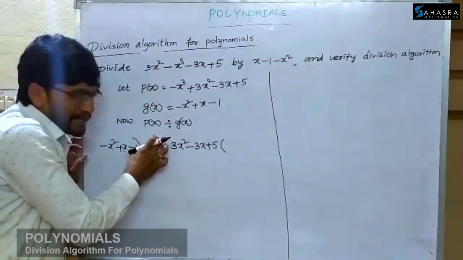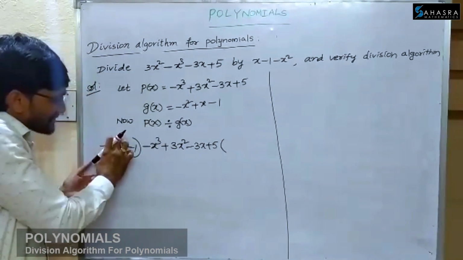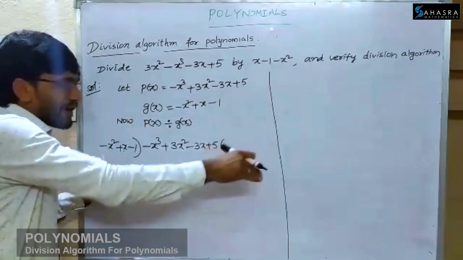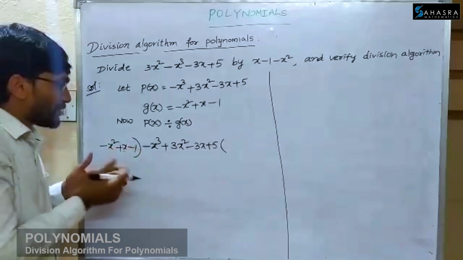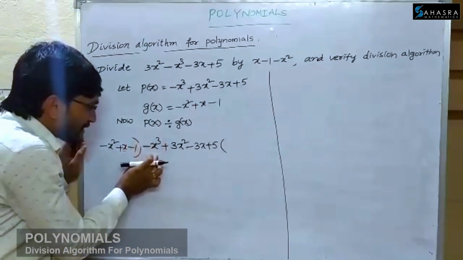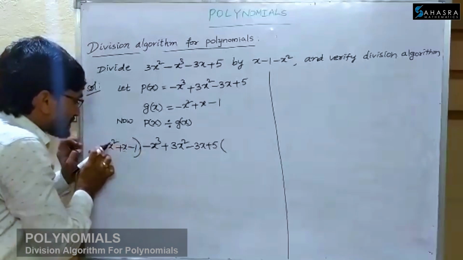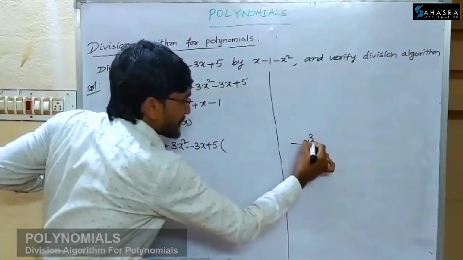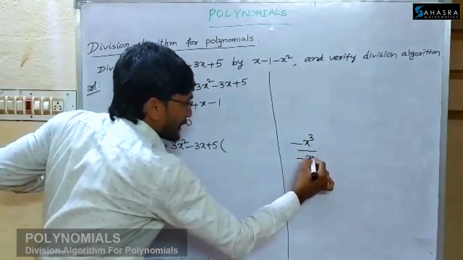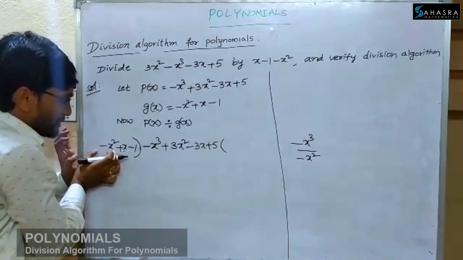How can we eliminate? By multiplying minus x square with another variable, then we get minus x cube. By which variable? We don't know. So simply divide this minus x cube by this minus x square. Then we get the quotient. That is nothing but minus x cube by minus x square. This first term is divided by this first term.